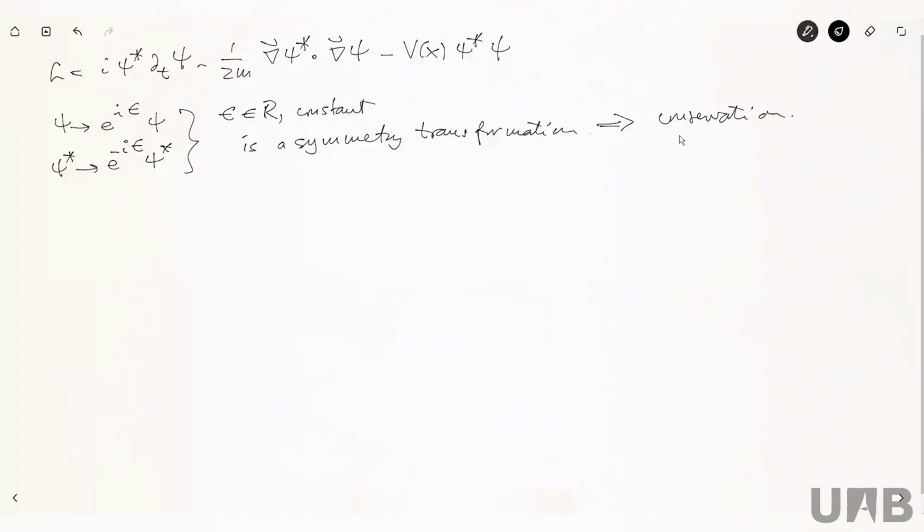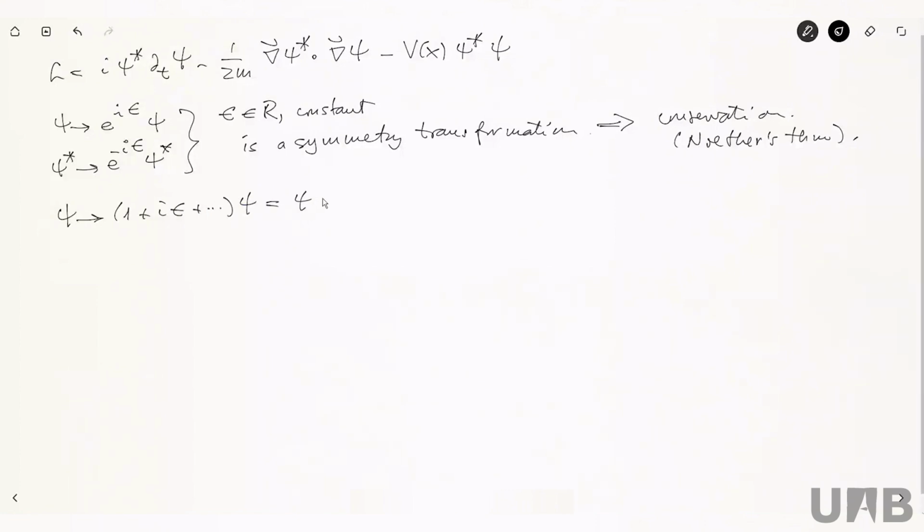Right? So this is Noether's theorem. Noether's theorem says there has to be a conservation. So who is going to be the conserved quantity? Well, okay. So the first thing that we have to figure out is we have to make this transformation infinitesimal. But that's very simple, because that means that psi goes to 1 plus I epsilon plus dot dot dot times psi.